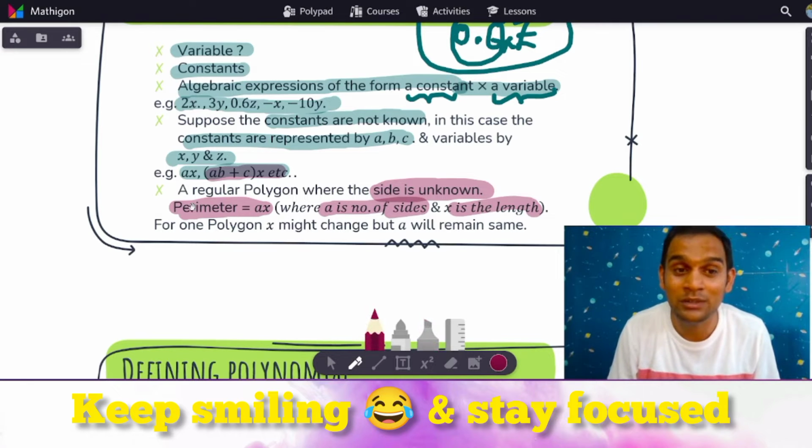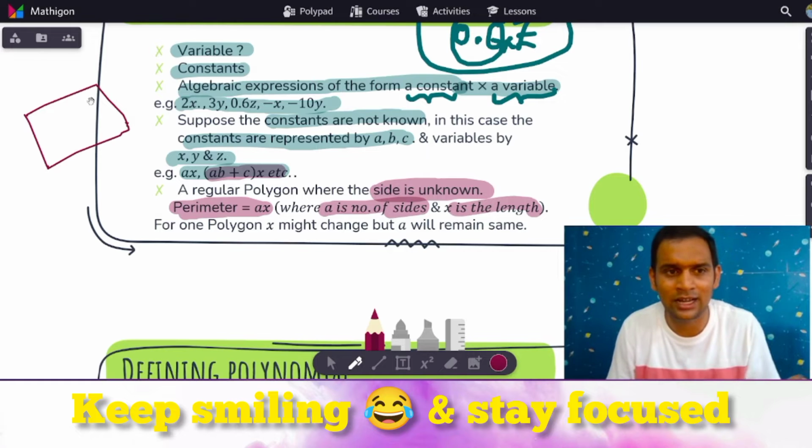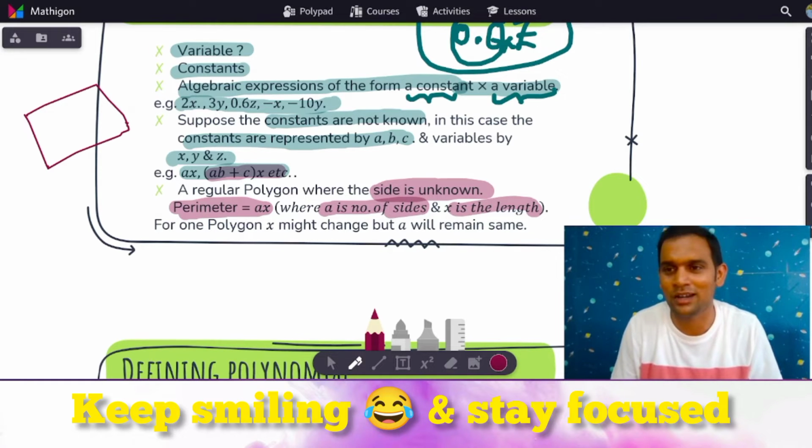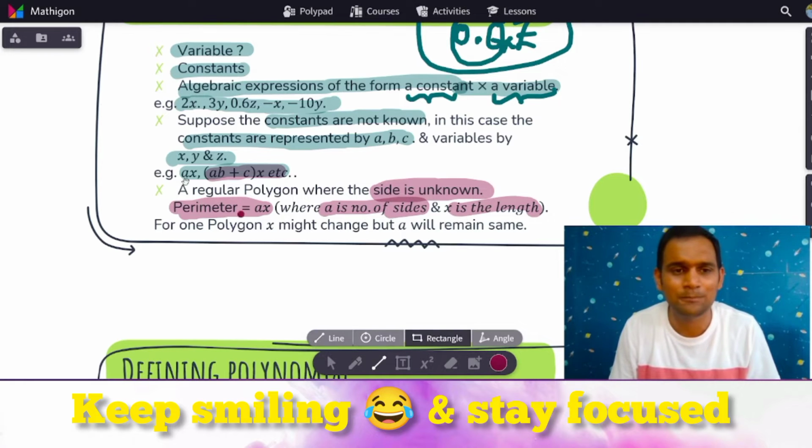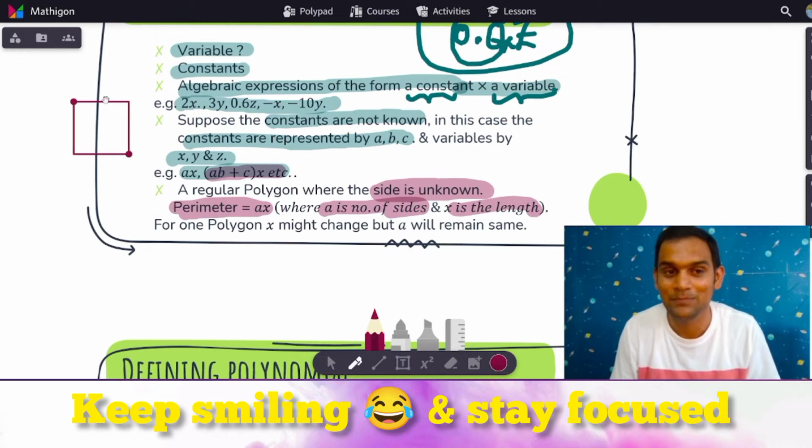So what did we assume here? Suppose you have a quadrilateral like this. This is not a regular polygon. Let me draw a regular polygon to make you understand it better. So I'll make a regular quadrilateral. Now over here we know that it has four sides, right?